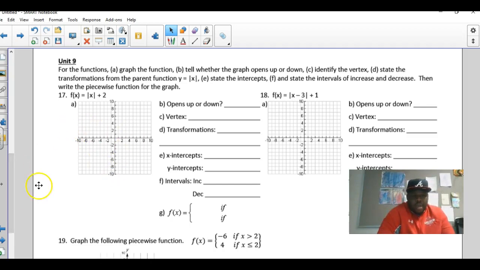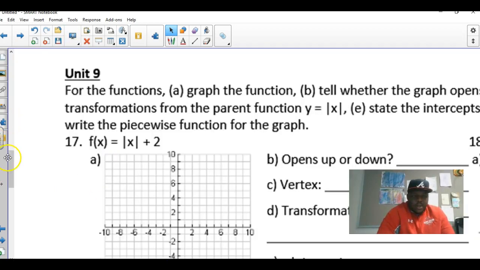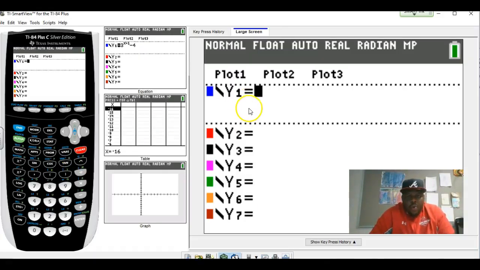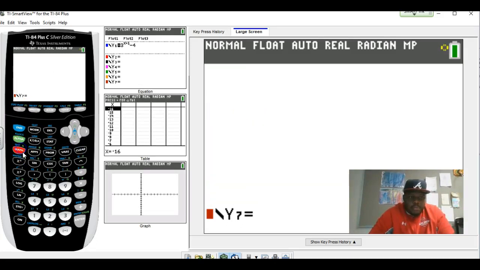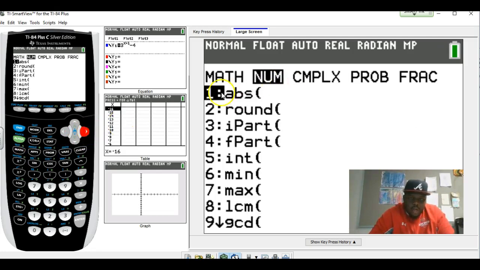Graphing this, first of all, you can actually do it in your calculator. I'm going to show you how. Let me make this bigger so I can sketch it. This says the function of the absolute value of x plus 2. If you go to your calculator, right here in your y equals, we're going to graph this. Press the button math, then press the right button to go over to NUM.